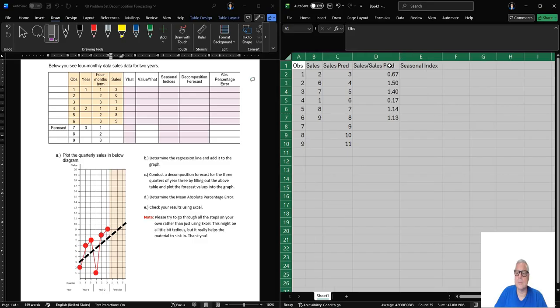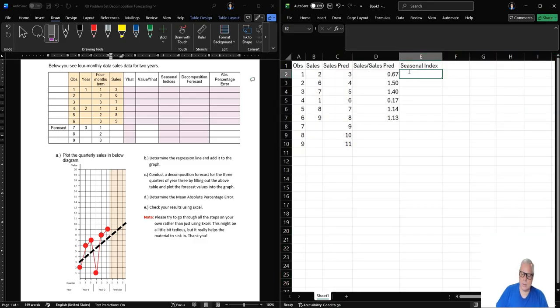So now we calculate first the seasonal index for the spring semesters, of which we have 2. We calculate the average of the 0.67 and the 0.17. Okay, so that suggests that in every spring, on average, from the available data, we are 58% below the trend line.